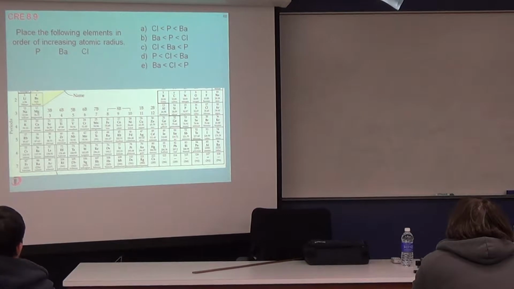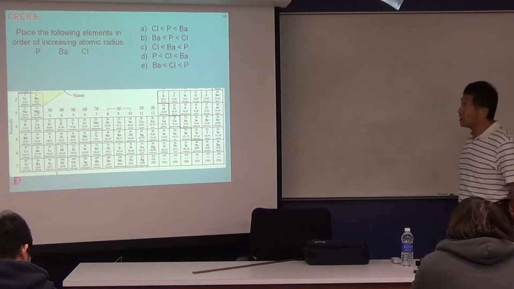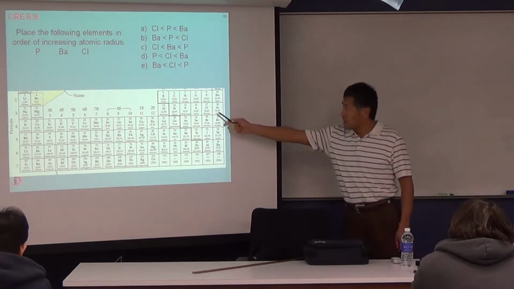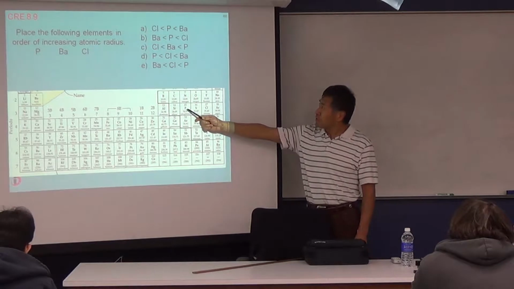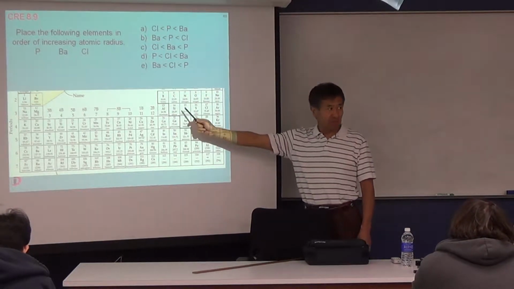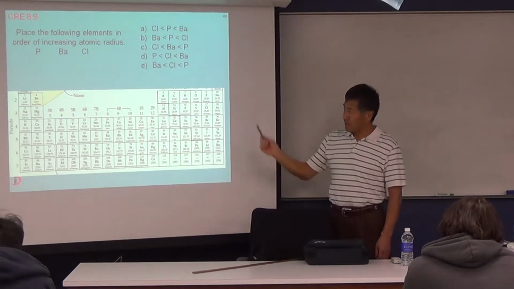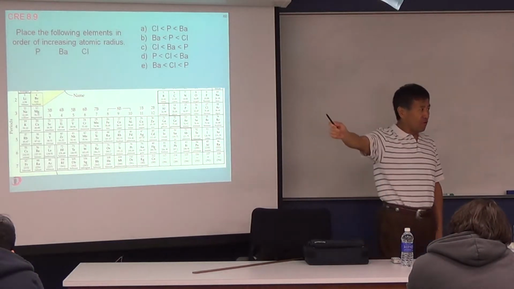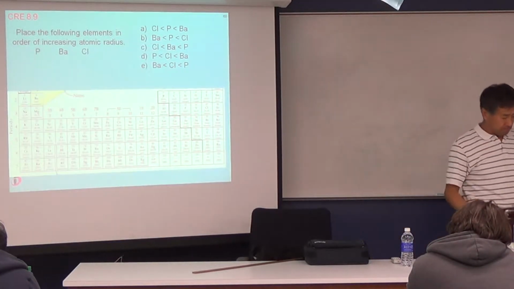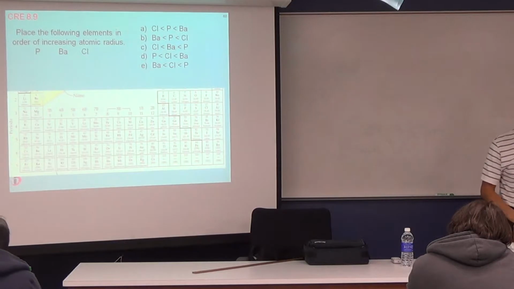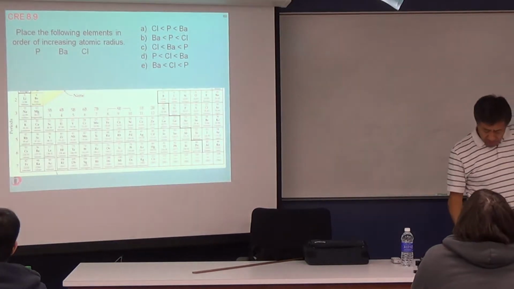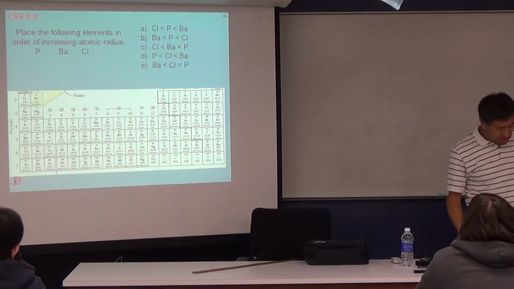You said A. Does that make sense? Okay, so Cl is smaller. Cl is right here, and then phosphorus P on the left side is getting bigger. Then Ba is far to the left side. So the answer for 8.9 is A.